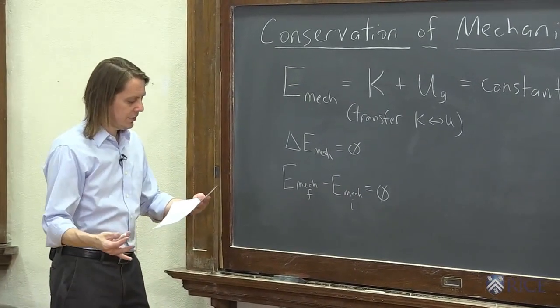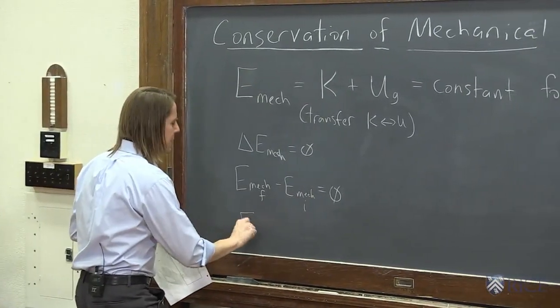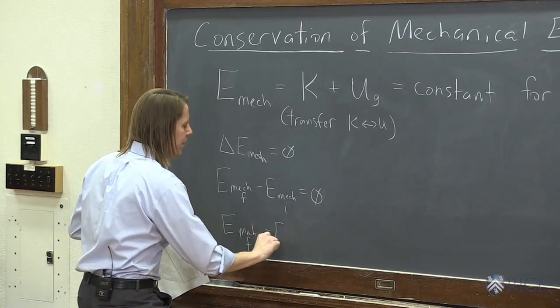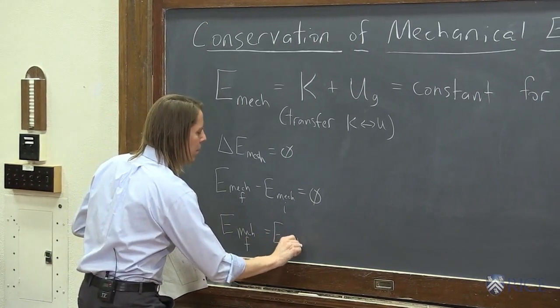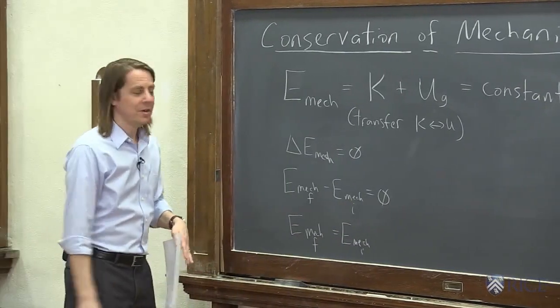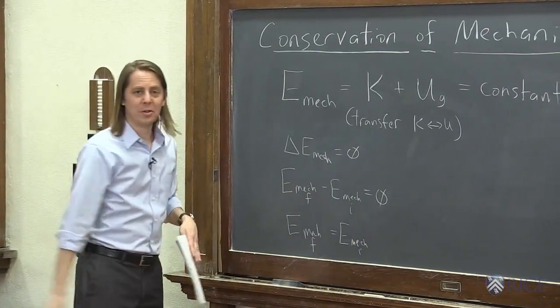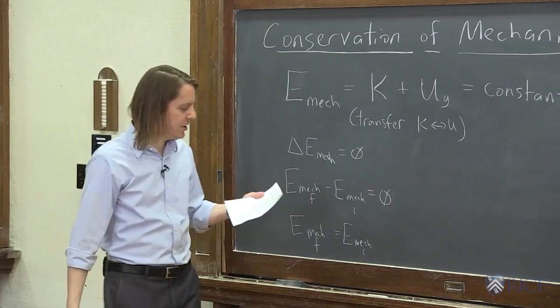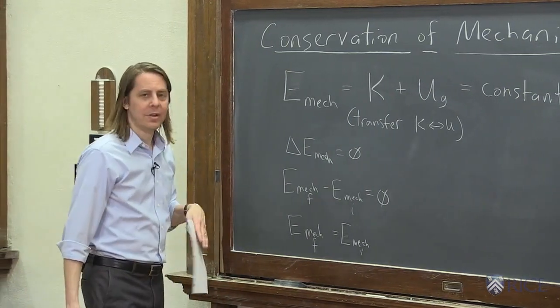You could even write it this way. You might see it written this way. The final mechanical energy equals the initial mechanical energy. So you can see we're just doing a little algebra, writing all these different ways. They all mean the same thing, that the mechanical energy is constant.